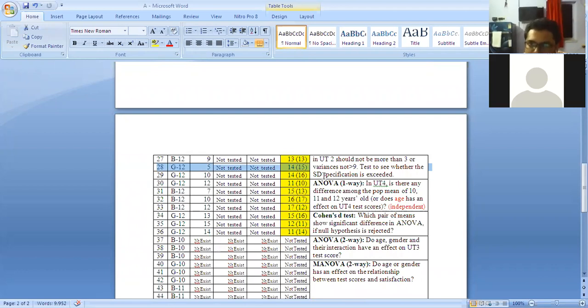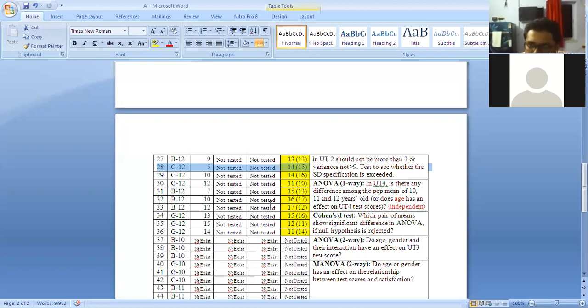That means your null hypothesis is rejected. But you don't know which means are different and which means are not different. It may happen that some means are different but some means are not different, or it may so happen that all population means are different.